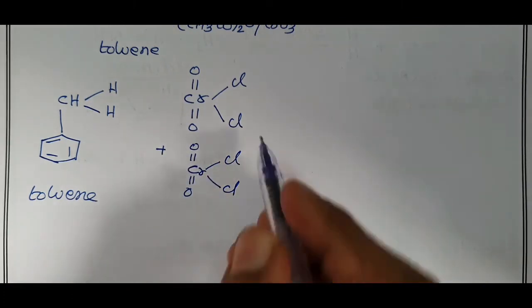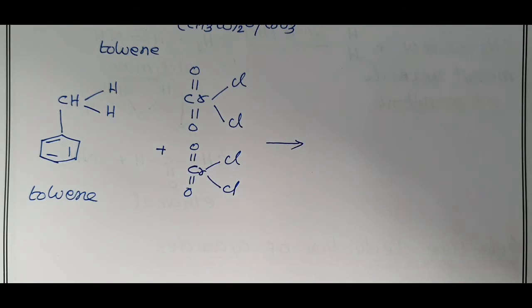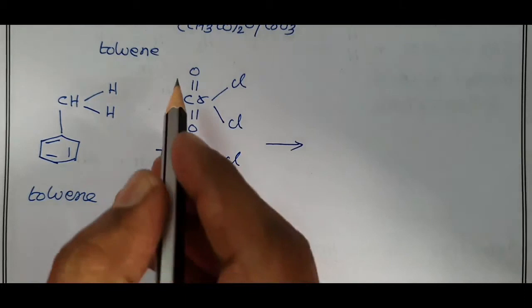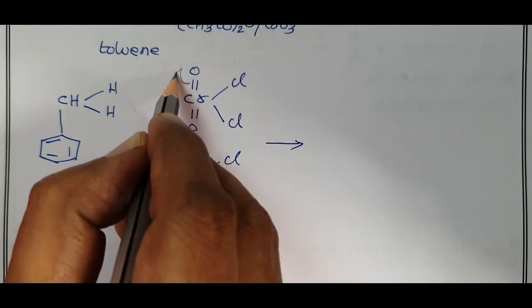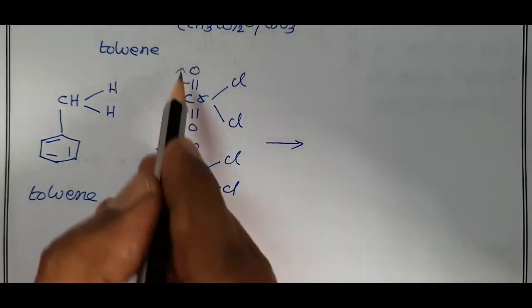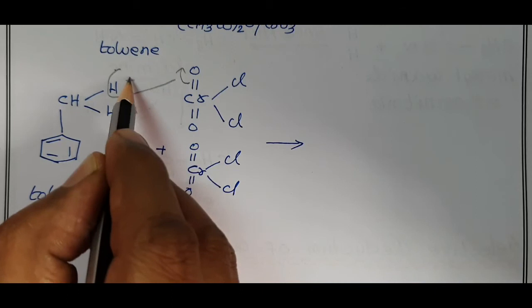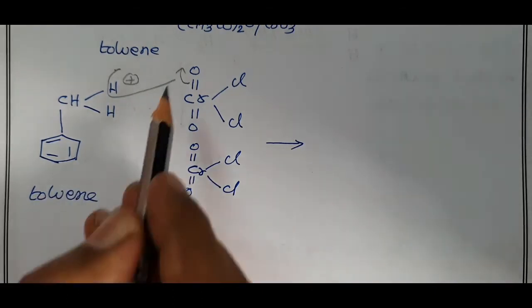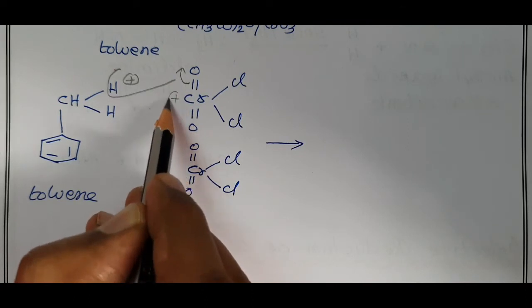It first gives an intermediate compound in which oxygen, being more electronegative, pulls the shared pair of electrons towards itself. Oxygen becomes minus. To that minus, H plus is added. So after the bond shifting, chromium gets positively charged.